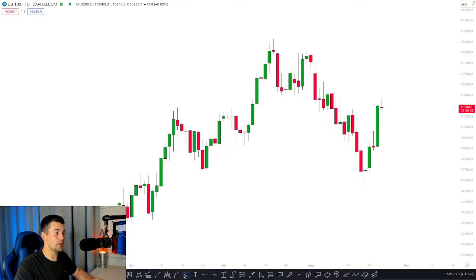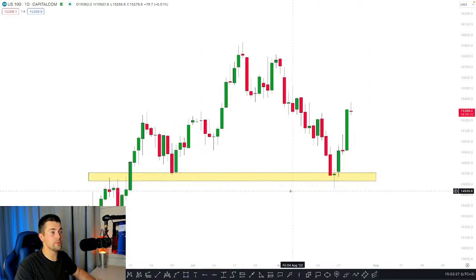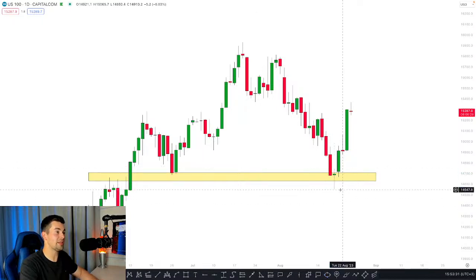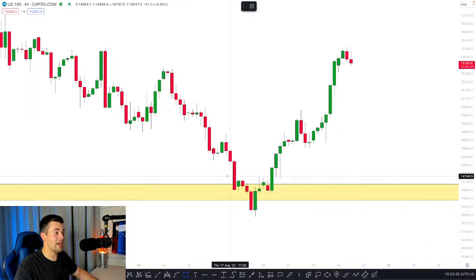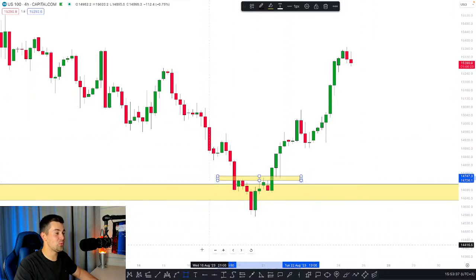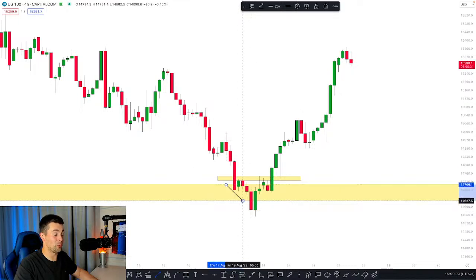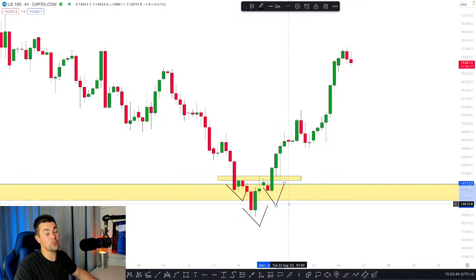Here on US 100, I have also spotted a very important key level. I spotted the doji on that, and then, traders, on a 4-hour time frame, a very cute inverted head and shoulders pattern was formed. So I was thinking whether to buy US 30 or US 100.